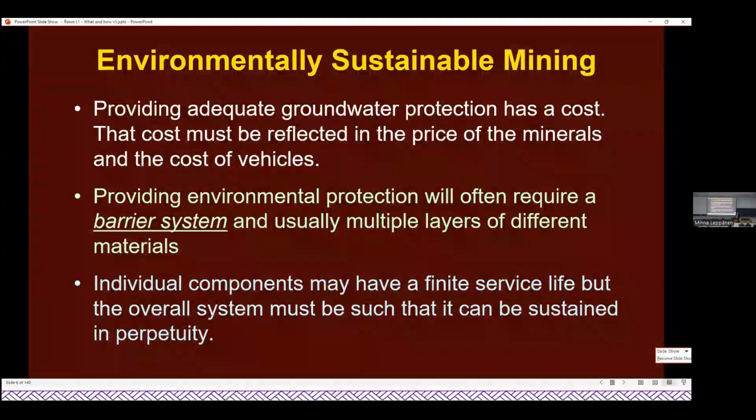The individual components that we'll be talking about all have finite service lives. And that means we need to consider what is the finite service life and design a system that can be maintained in perpetuity, because that's what we're talking about.